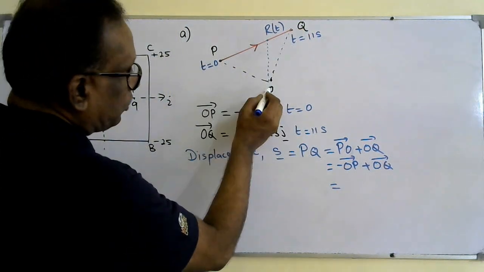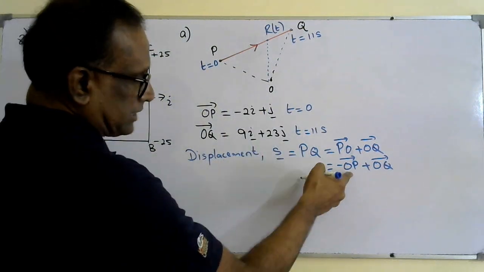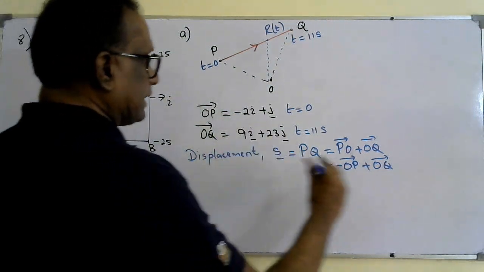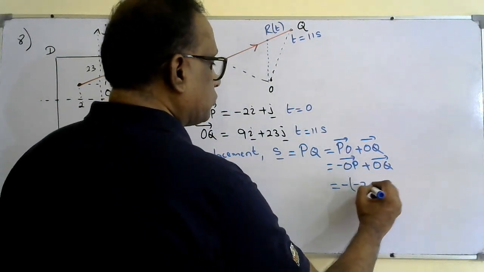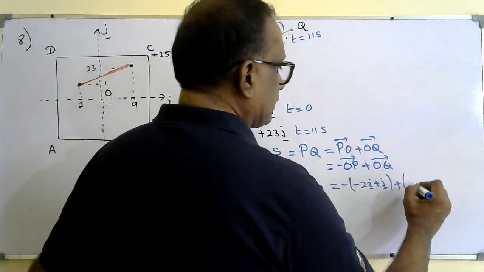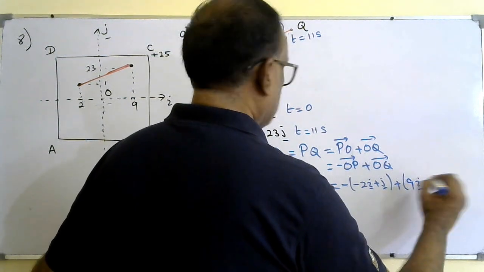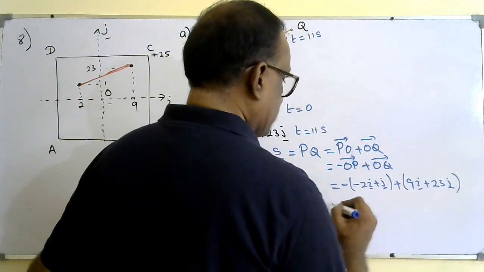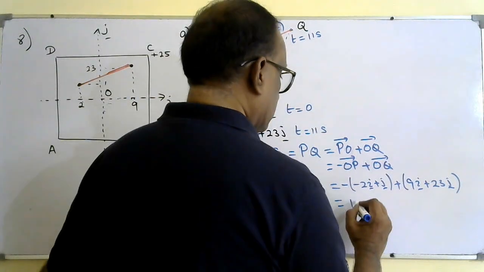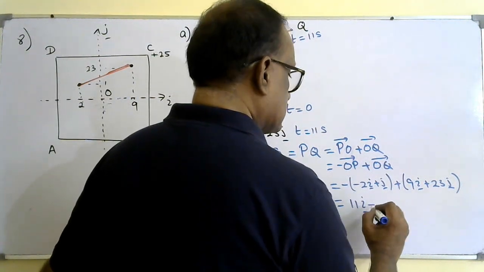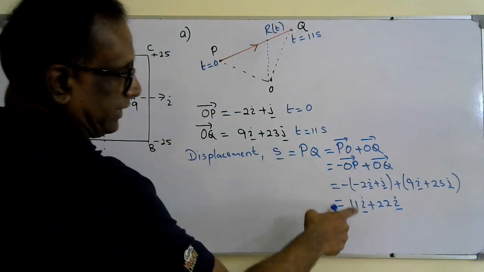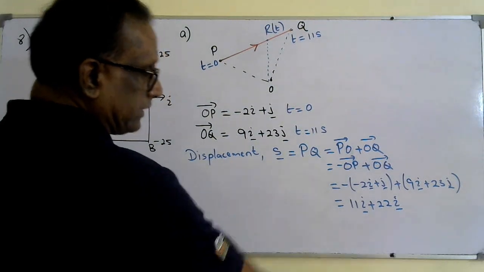PO is equal to minus OP. When you invert the vector, it will become a minus sign. So minus OP, where OP is minus 2i plus j, plus OQ, that is 9i plus 23j. So it's going to be 11i plus 22j. That's the displacement vector PQ: 11i plus 22j.